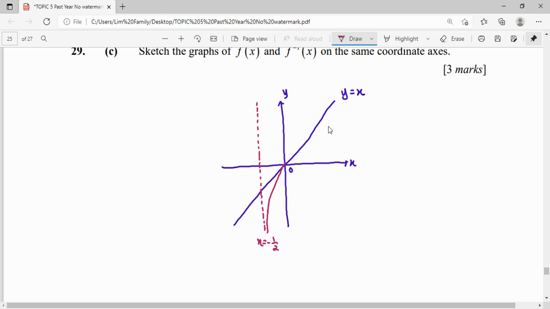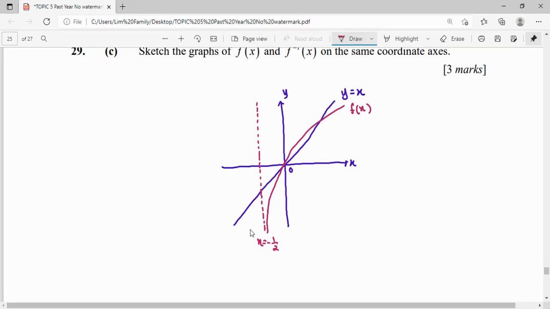But after the coordinate 0, it will be above the reflection axis, and after the coordinate of some point, it will go back below the reflection axis. So we have to get the function graph correct, then only we can inverse the function. Then only we can draw out the inverse graph.